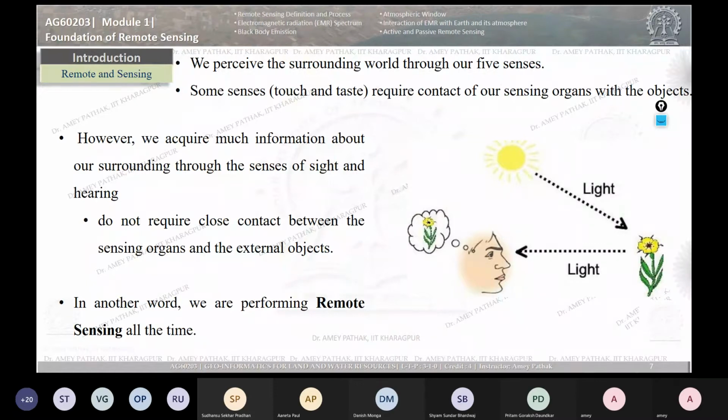There are some mechanisms through which this information is processed by your body, those two sensors, and some signal is transferred to your brain so that you can make an interpretation out of it.